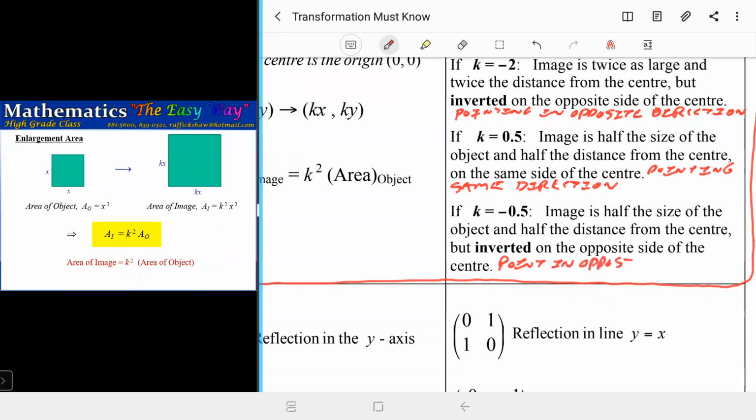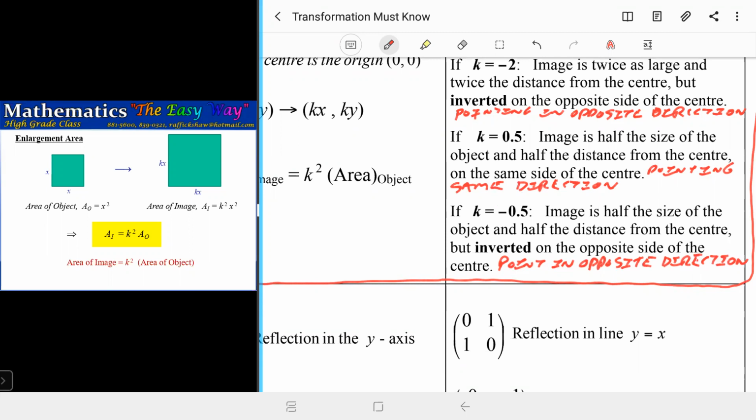The image and the object will point in the opposite direction. So you want to do the slide for me, the thing that you must know. Add this to it for me. I need to amend these documents and put these things in them.